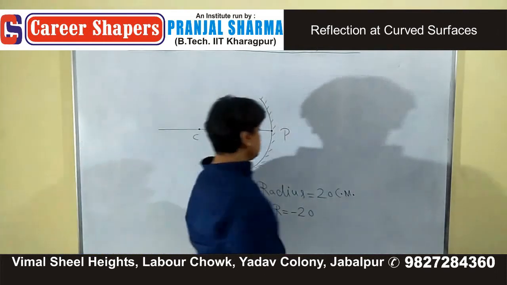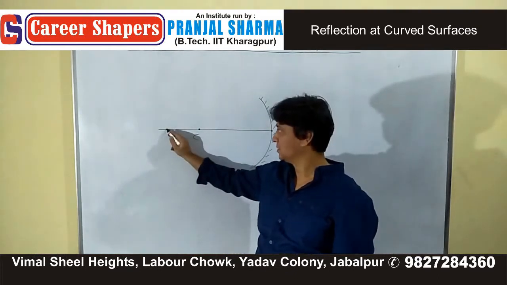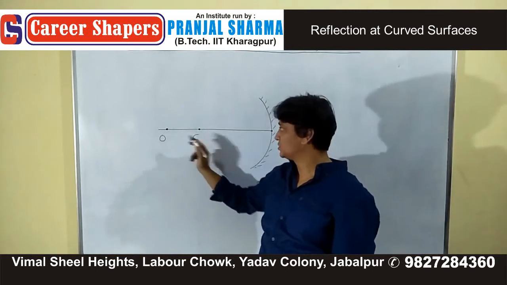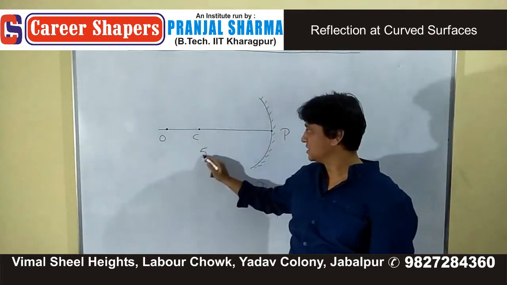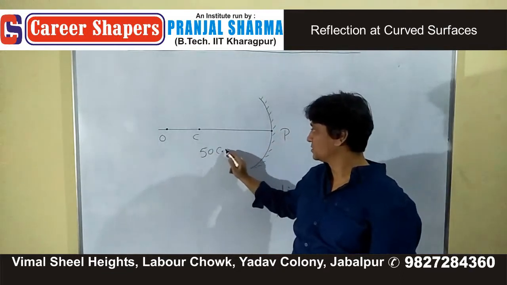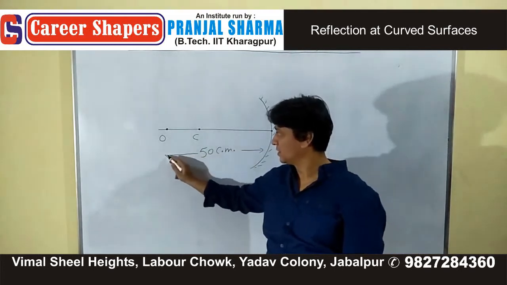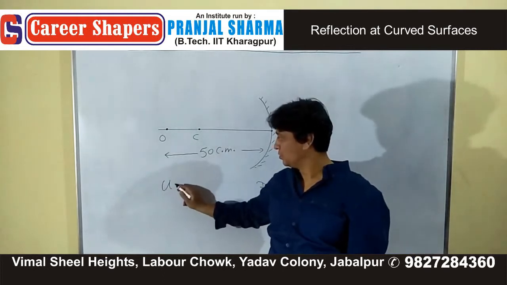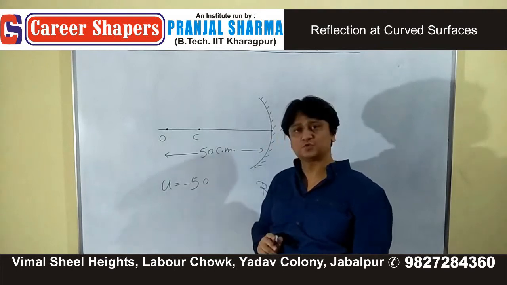And we have an object, and the distance of the object from the pole is given as 50 centimeters. This is 50. Then U is not 50 but is what?